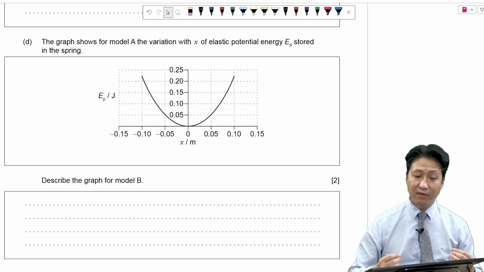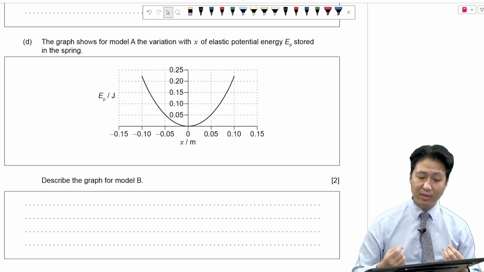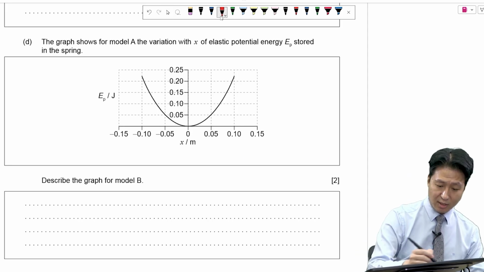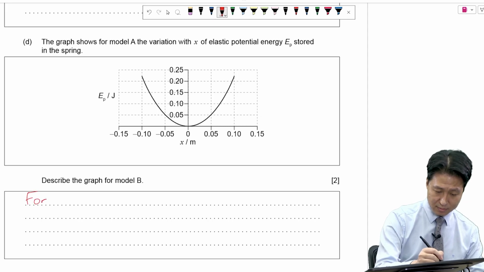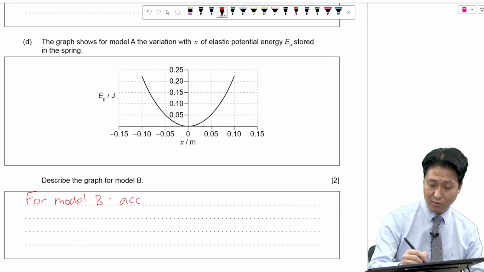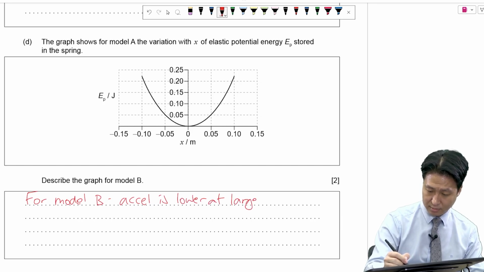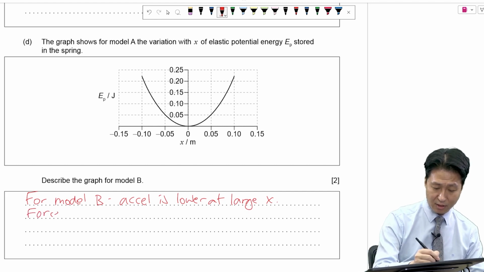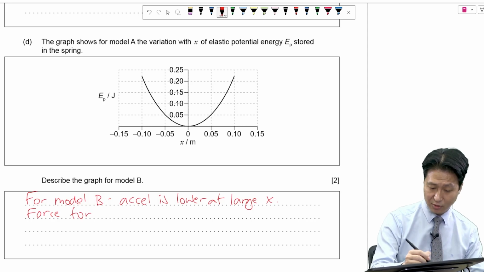The graph shows the model A for the variation of x of elastic potential energy stored in the spring. Describe the graph for model B. So first, again, for model B, acceleration is lower at large displacements, which means the force for model B is also lower.